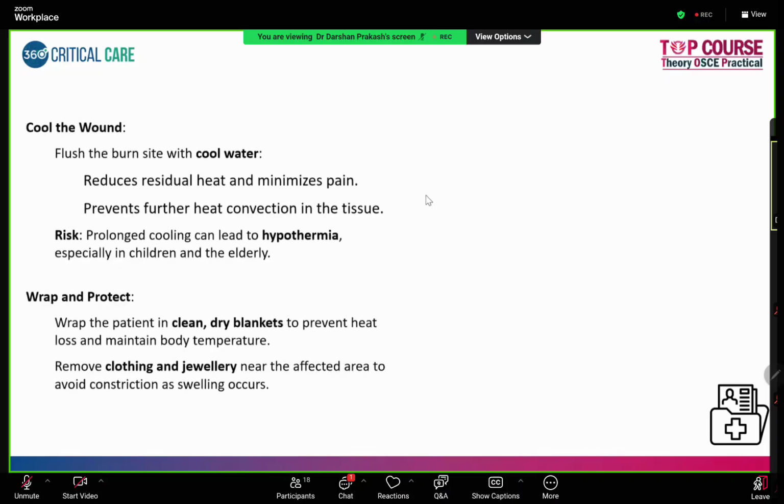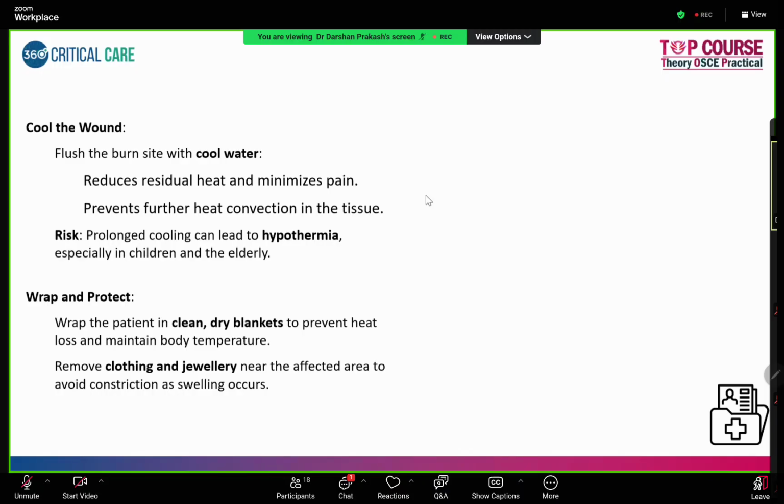When the patient comes to the ER or the ICU, depending on the type of burns, you have to use certain agents. The most important thing is to prevent hypothermia in these patients. Extremes of age, that is the elderly and the pediatric population, are at a higher risk of hypothermia.